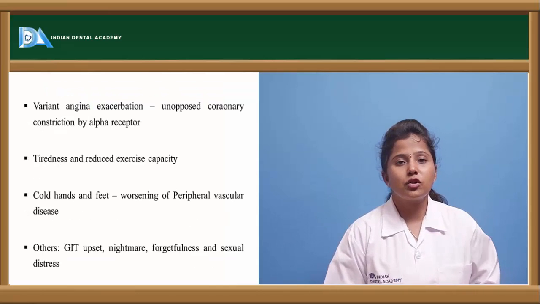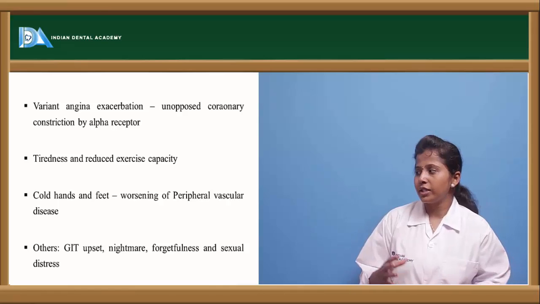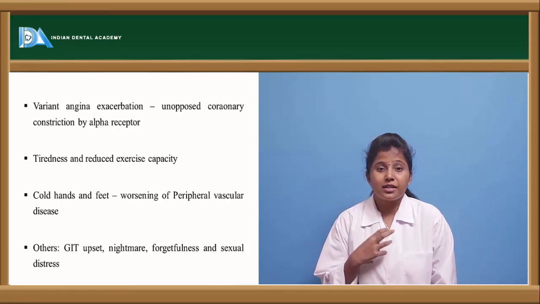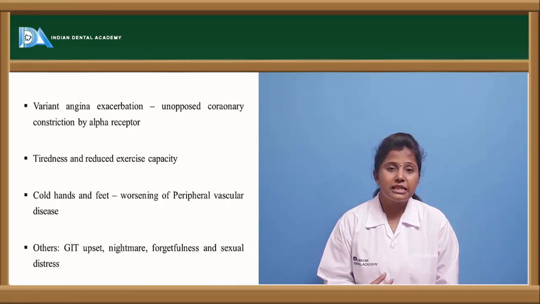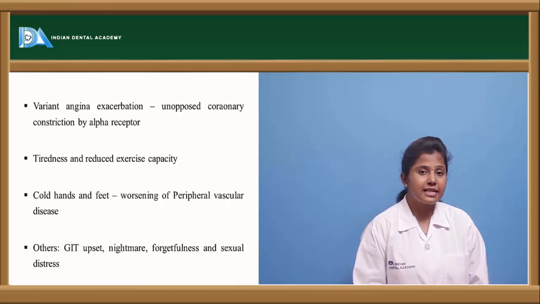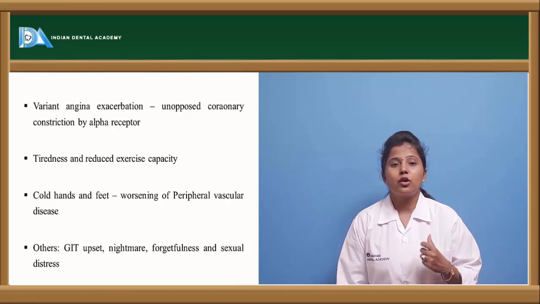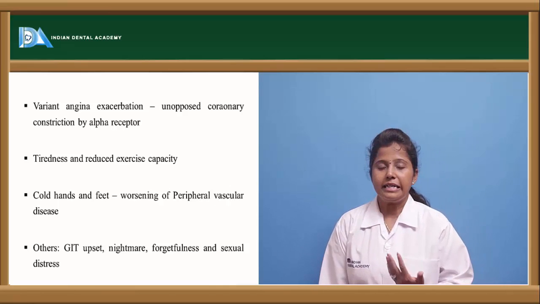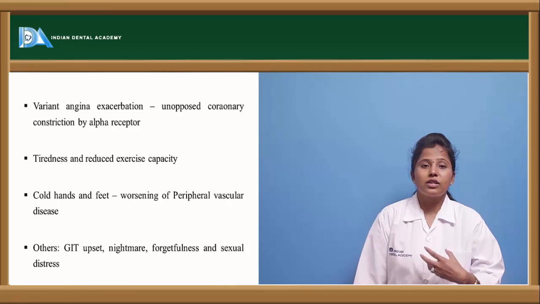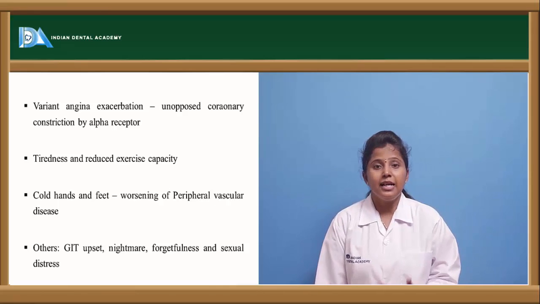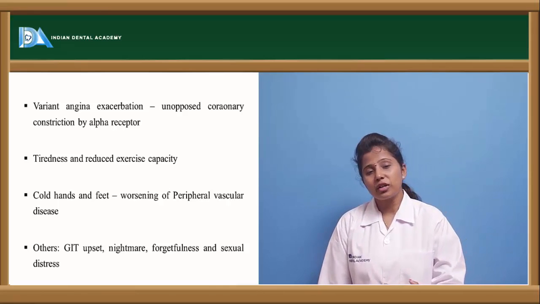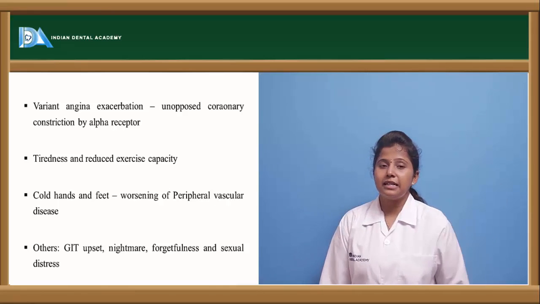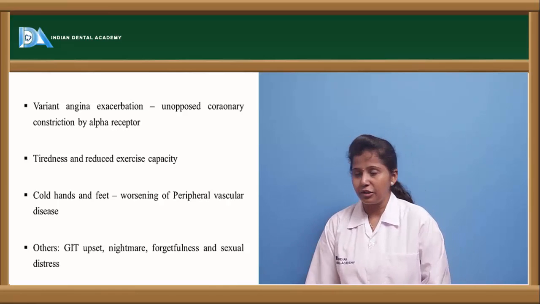Apart from that, it also causes common effects, like tiredness, because as I told you, it decreases oxygen consumption, thereby reducing the exercising capacity. Because of that, it causes fatigue or tiredness, and it causes variant angina exacerbation, because as the oxygen consumption is decreased, the oxygen demand of the heart will be increased, and sometimes it leads to a condition called angina.